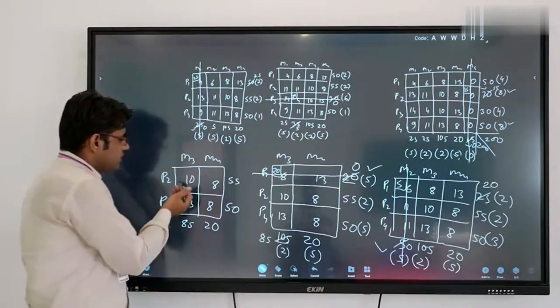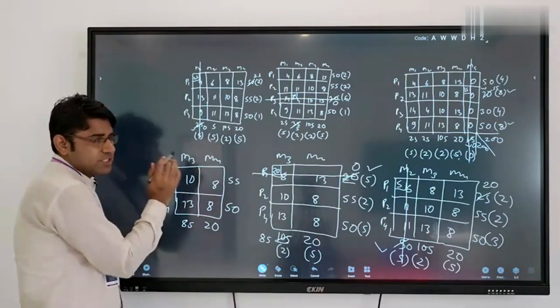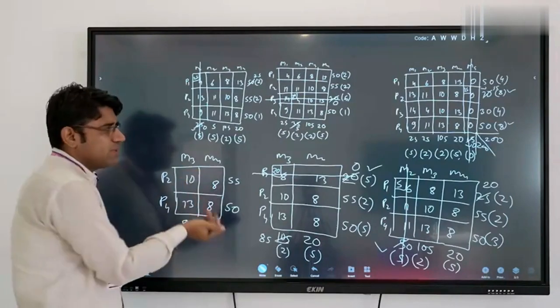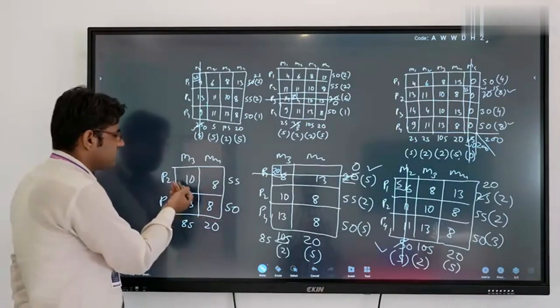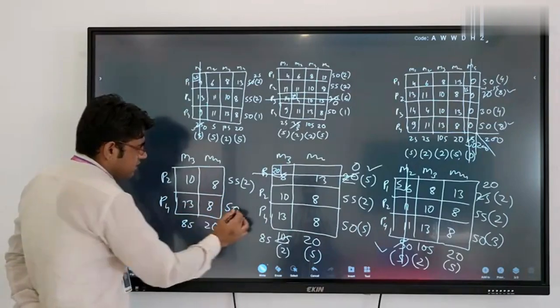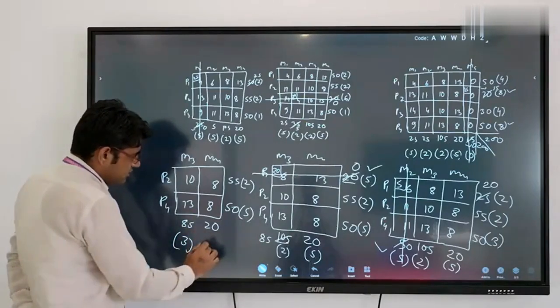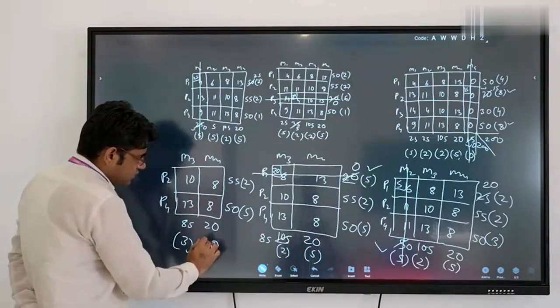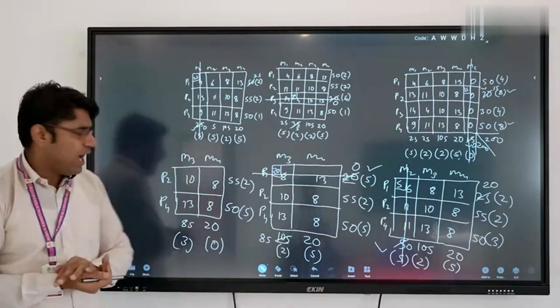So here the penalty of the first row is 2, smallest 8 and second smallest 10. Here only two elements, so one is smallest and the second is second smallest. Here the difference is 5, here the difference is 3 and here the difference is 0.